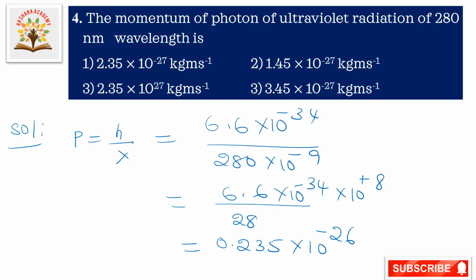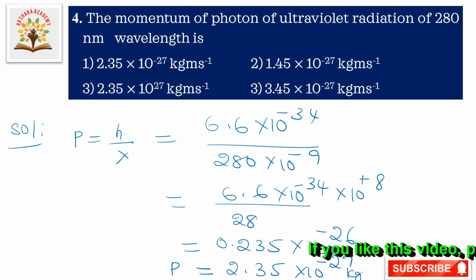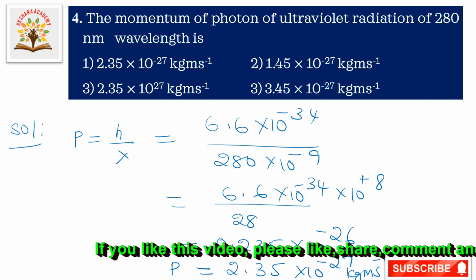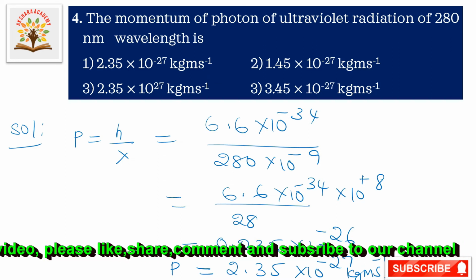So finally the momentum of the photon P is 2.35 × 10⁻²⁷ kilogram meter second inverse. Okay.